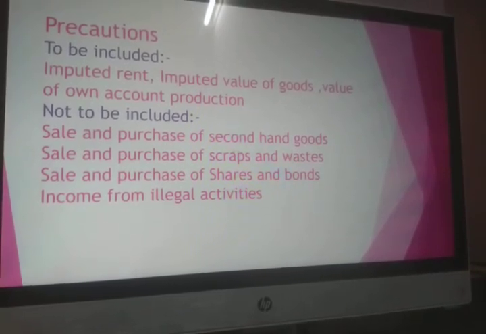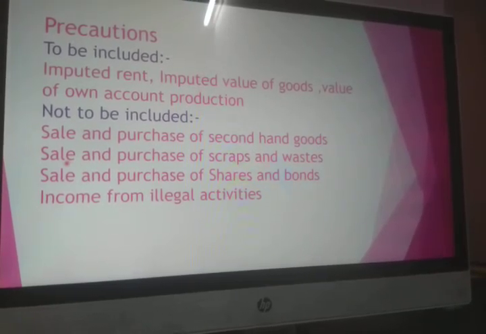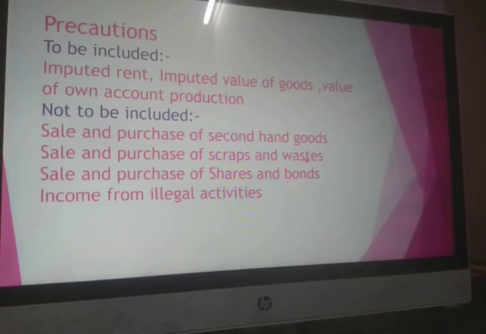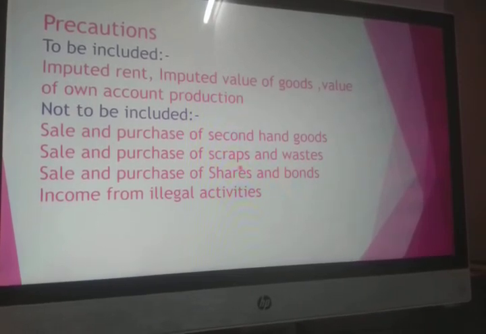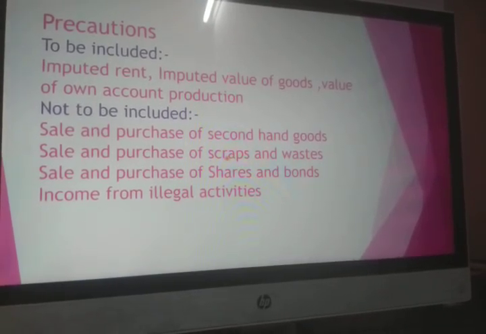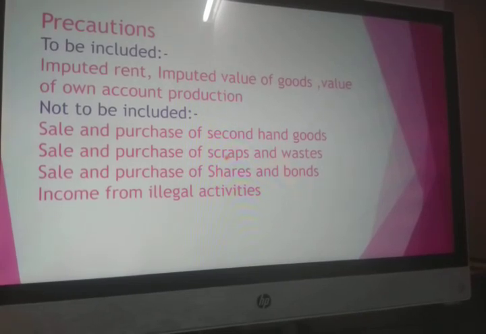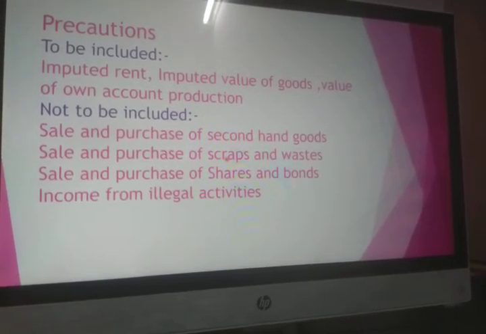So again, if we take them up, it is going to lead to double counting. In the same way, the sale and purchase of scraps and waste, any waste material, the value of that will not be taken into account. Why? Because it has already been taken in that particular year's production in which it was produced.